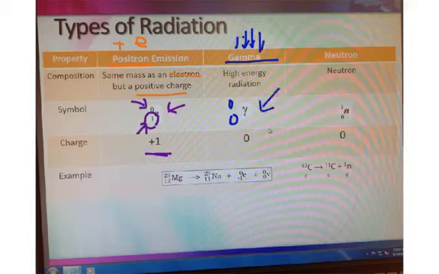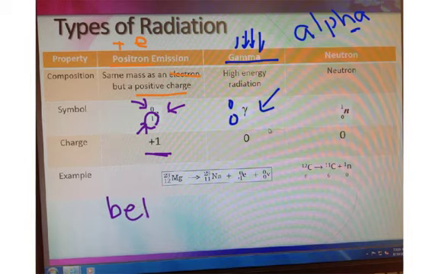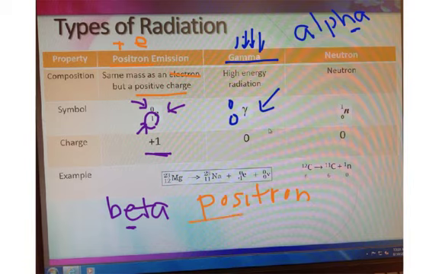So how I remember, once again, I have an alpha particle. You look at it, the alpha particle has that H, so it is the helium nucleus. A beta has that E, it's the only one with the E, so it would be an electron. If you look at positron, if you break down the word, positive electron. So figure out what the symbol for a positive electron would be.